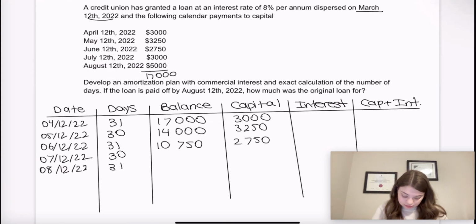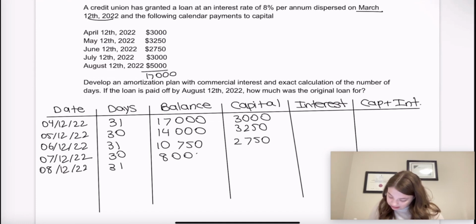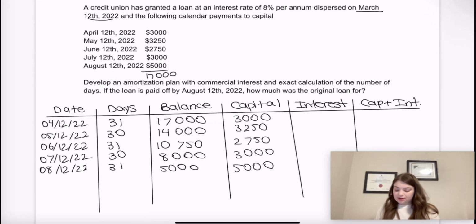So therefore, we can subtract 2,750. That means we only have 8,000 left on the actual balance to pay off at that point. Then the next payment, and by the way, I'm just reading from the question, here we have 3,000, so then there's 5,000 left to be paid off. And then in that last time, we do pay off that full 5,000. And so there we go. That's the balance and capital part. Now we need to figure out how much interest is paid each time.